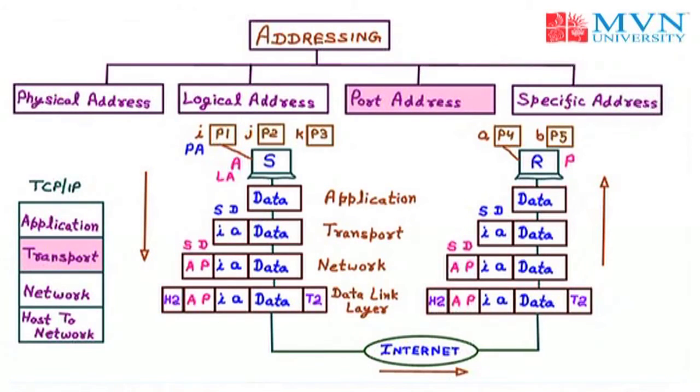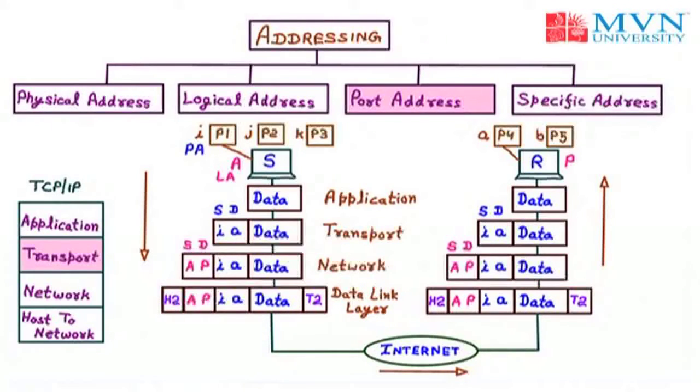The network layer discards the header as well as the trailer and then forwards to the transport layer. The transport layer again discards the header and contains the data only. Now only the data is taken by the application layer and passed on to the receiver. The receiver will pass that data to the process P4 with the help of the port address. So that is all about the port address.